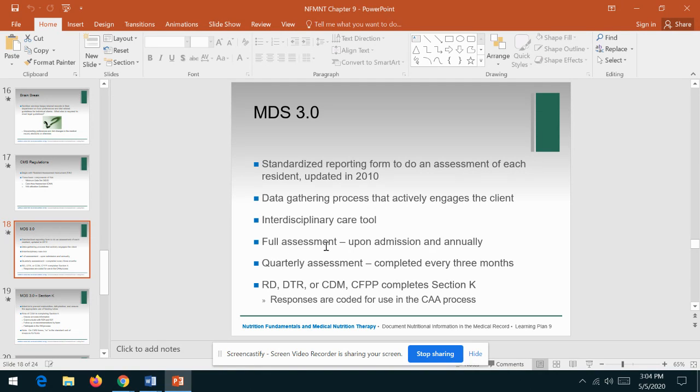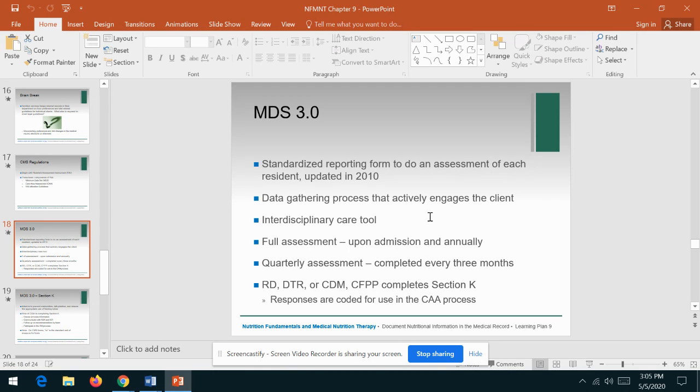When someone is admitted, they'll have a full interdisciplinary assessment in the MDS. A physical therapist is going to fill out a section, a speech language therapist is going to fill out a section, the occupational therapist as well, and then the nutrition professional is responsible for what's called Section K. So we do this full assessment upon admission and then annually, with a quarterly assessment every 3 months.